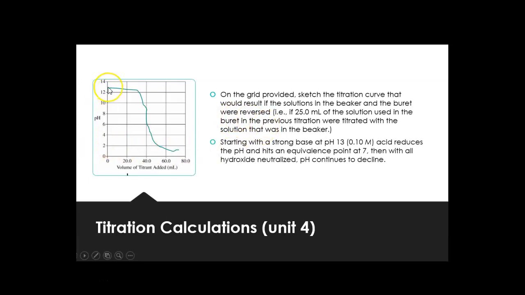Strong base would start off at pH 13, and then the acid would reduce the pH. You'd have the equivalence point at the same point, so the inflection point of the curve would be here. And this is my hand drawing with a mouse, so you know that's just a lousy curve, but I bet I get my point with that.